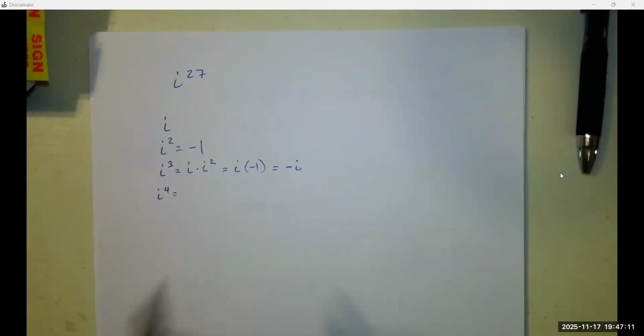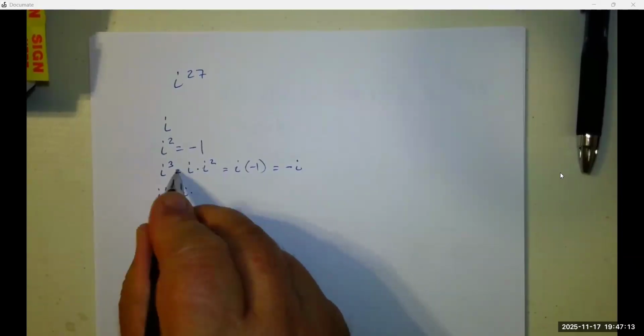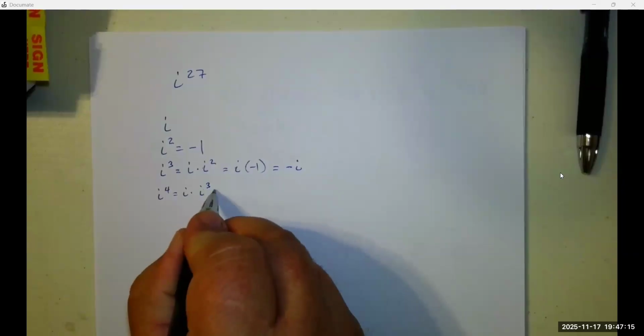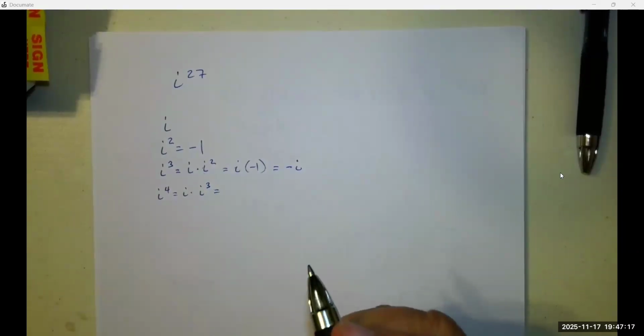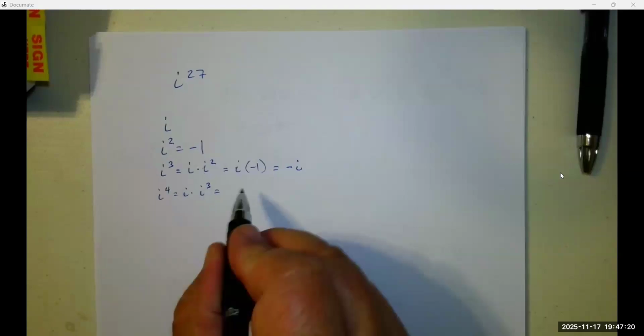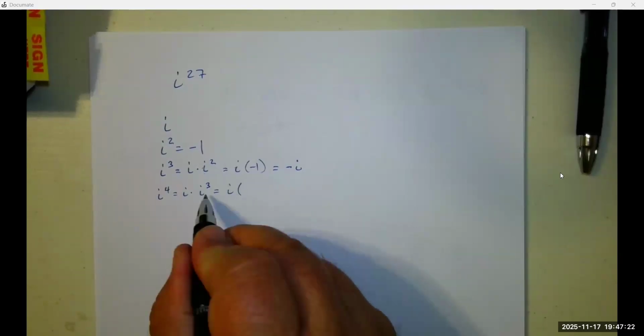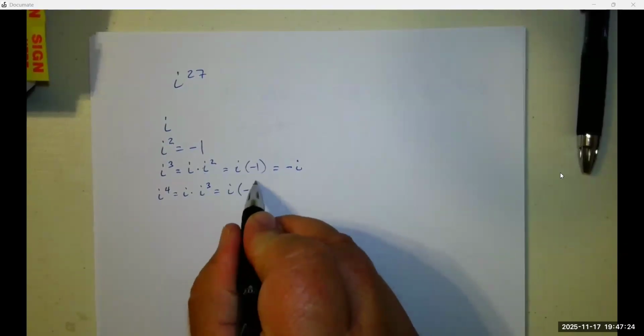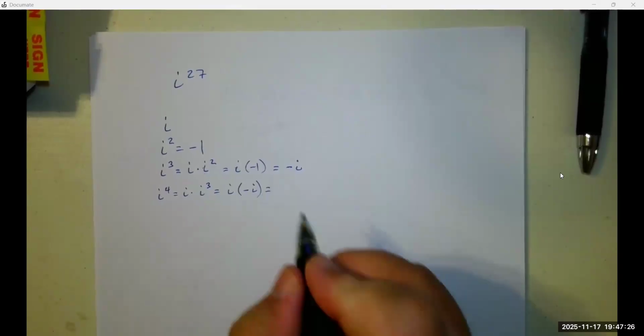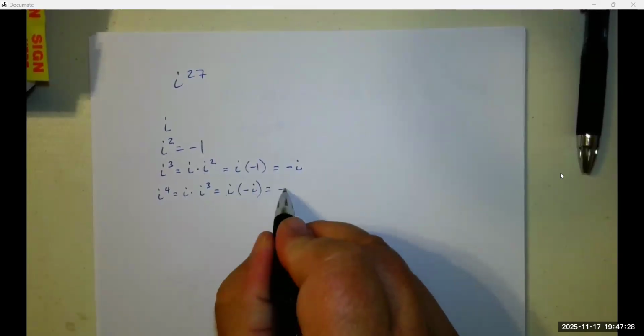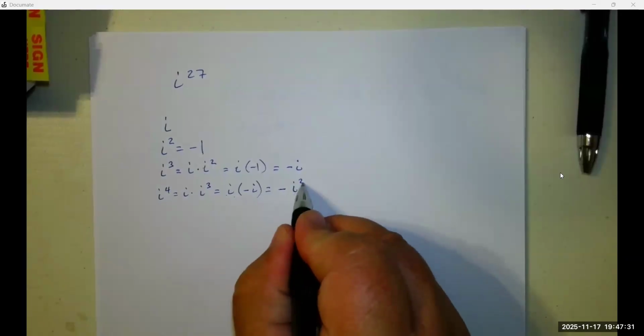i to the fourth would be i times i cubed. So we have i cubed is negative i. We have positive times negative is negative. i times i is i squared.